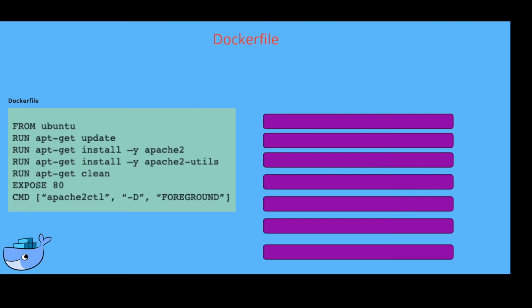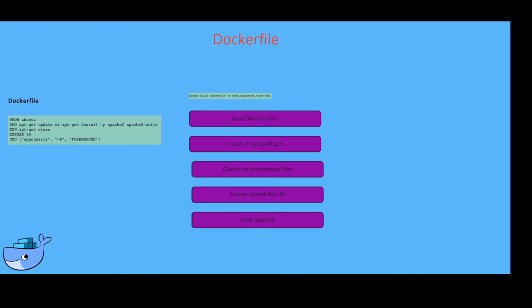Because each instruction and argument in the Dockerfile creates a layer, it's ideal to keep your Dockerfile with as few instructions and arguments as needed. That will help you create the Docker image in a smaller size, and then subsequently it boots faster. So if you look at the Dockerfile, we can still modify it and create a smaller sized image.